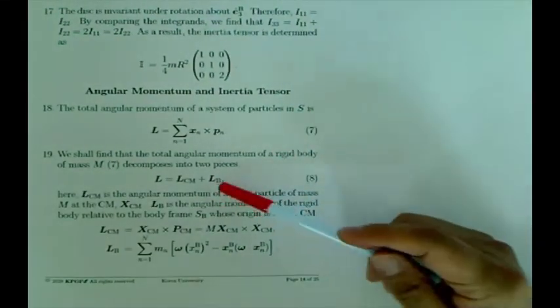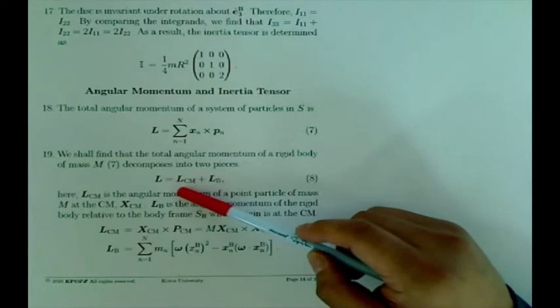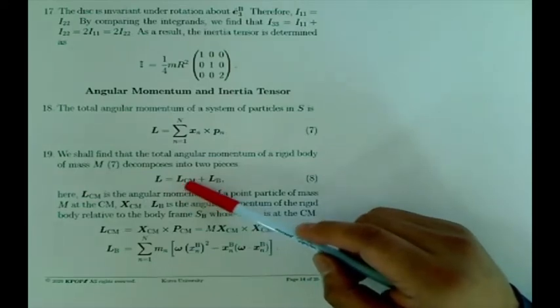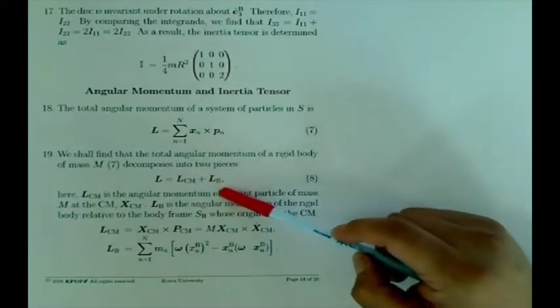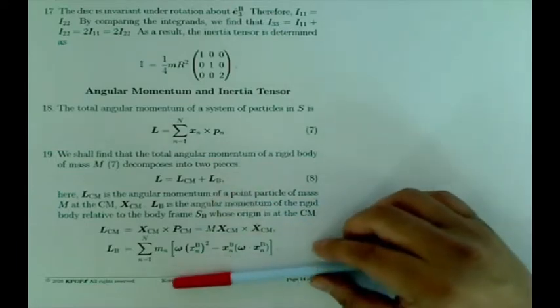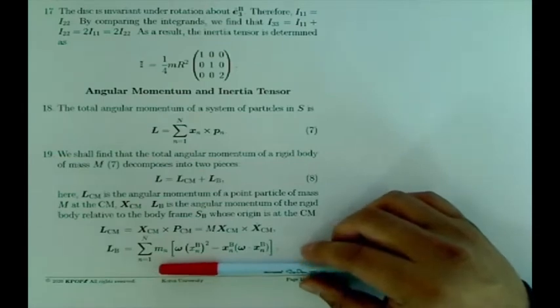The left one is actually the orbital angular momentum of a single particle of mass capital M, which is the total mass of the rigid body, concentrated at a single point. The second contribution is the angular momentum due to the rotation about the center of mass of the rigid body. We shall find that the relative motion about the center of mass involves the inertia tensor Iij.